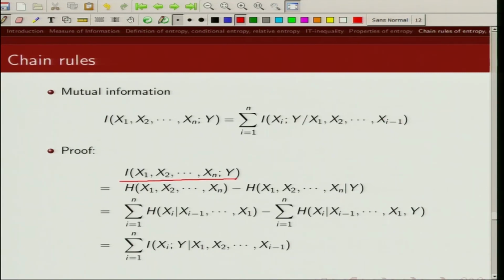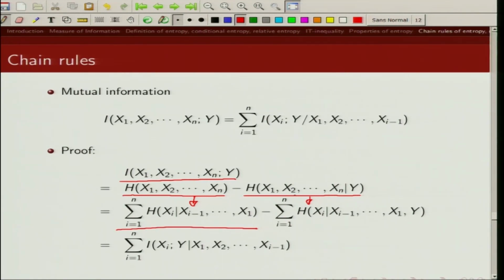First we write the definition of mutual information in terms of entropy and conditional entropy. So this mutual information between x1, x2, up to xn and y can be written as joint entropy of x1, x2, up to xn minus joint entropy of x1, x2, up to xn given y. Now each of these quantities can be written in terms of conditional entropy using chain rule. So this joint entropy of x1, x2, x3, up to xn can be written like this.